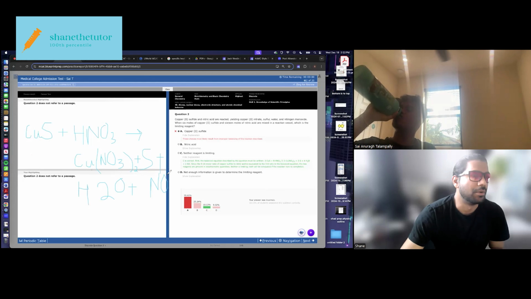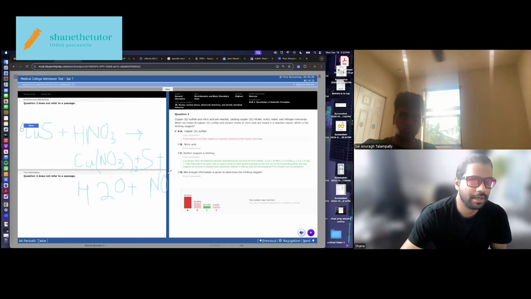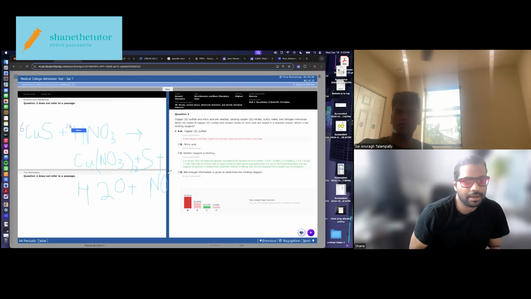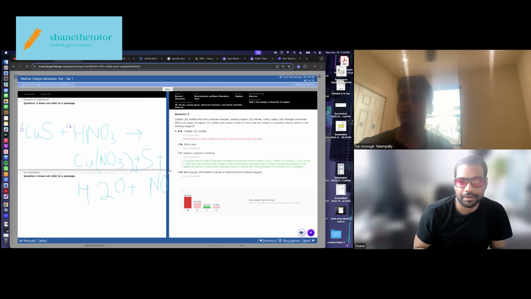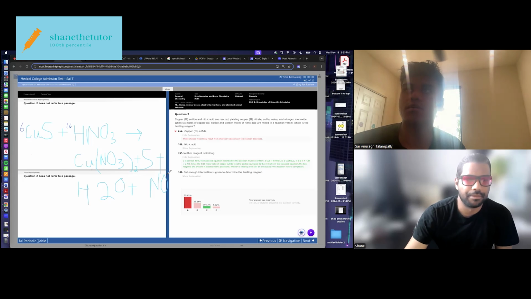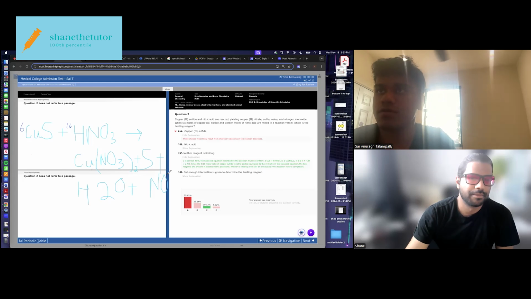Yeah, so 6 moles of copper sulfide and 16 moles of nitric acid. So now continue the. Oh, didn't realize that. Okay.